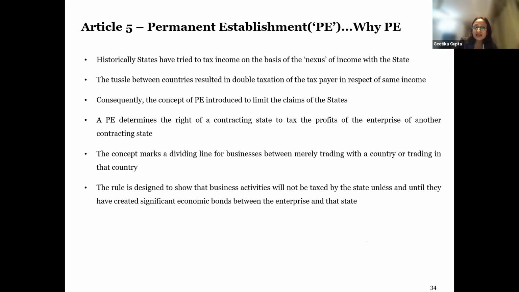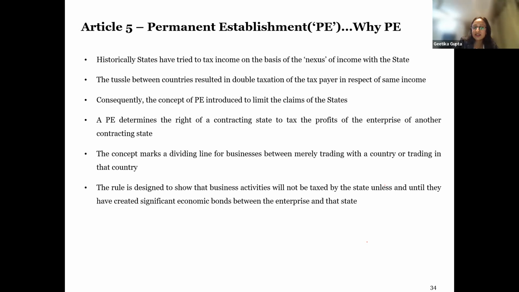So the tussle between the countries resulted in double taxation of the taxpayer. This is the same as we discussed in earlier slides. Consequently, the concept of PE was introduced. PE determines the right of a contracting state to tax the profits of the enterprise of another contracting state, and the concept marks a dividing line for businesses between merely trading with a country or trading in that country.